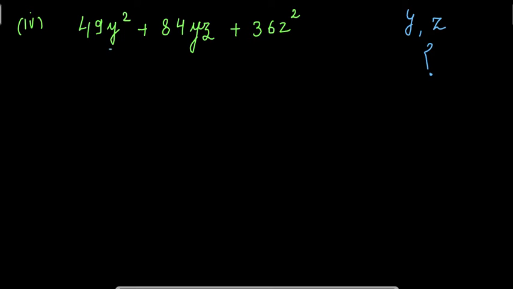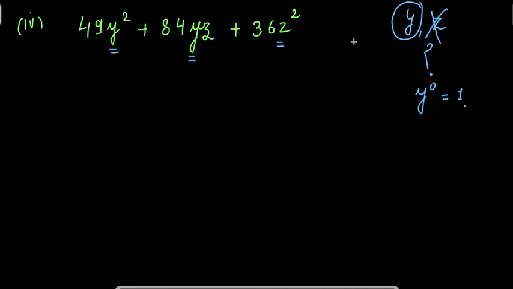You see, you have y square here, then you have y raised to the power 1 here, and here y raised to the power 0. Because anything to the power 0 is always 1, that much we have learned in the exponents and powers chapter, right? So it is a quadratic equation but of variable y, not of variable z, because the power of y is decreasing with each term.